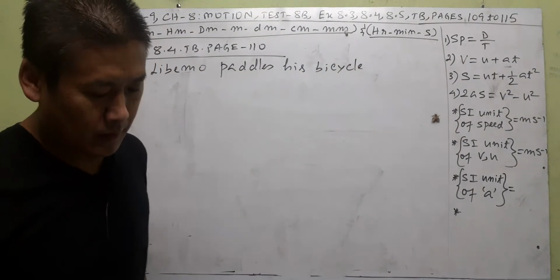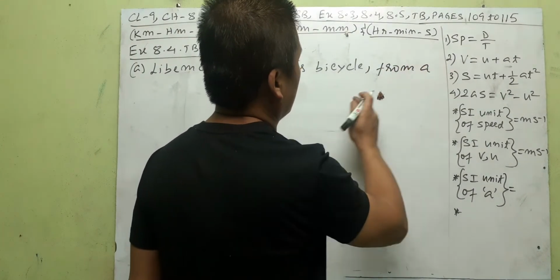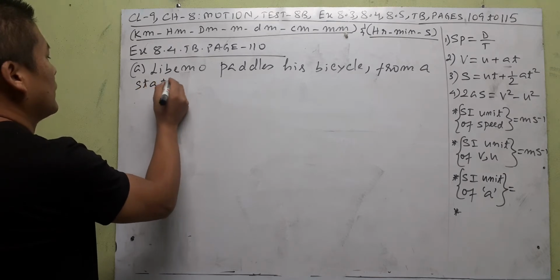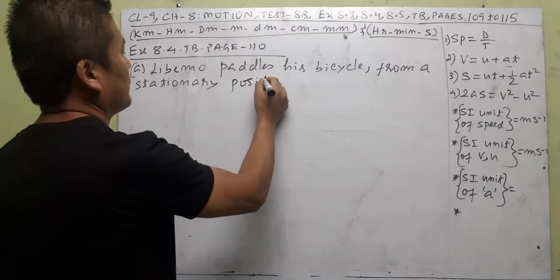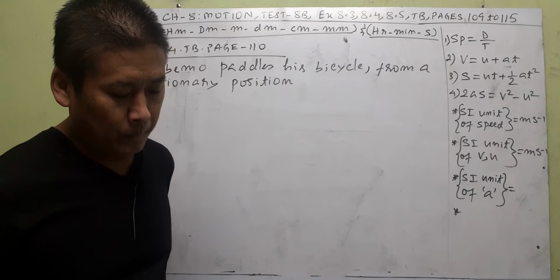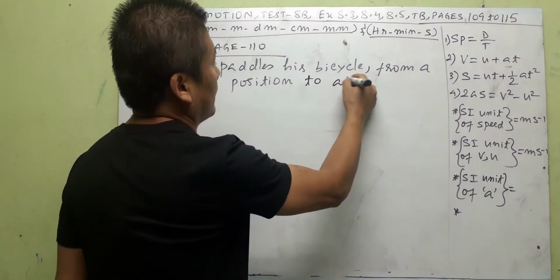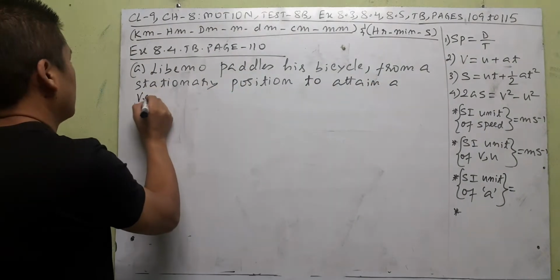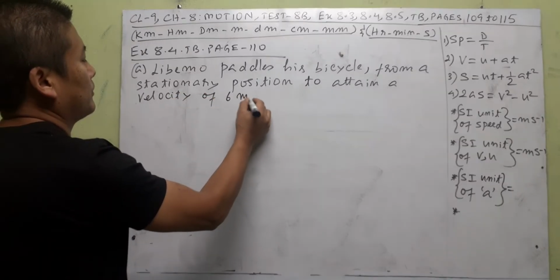Pedals his bicycle from a stationary position, to attain a velocity of 6 meters per second.